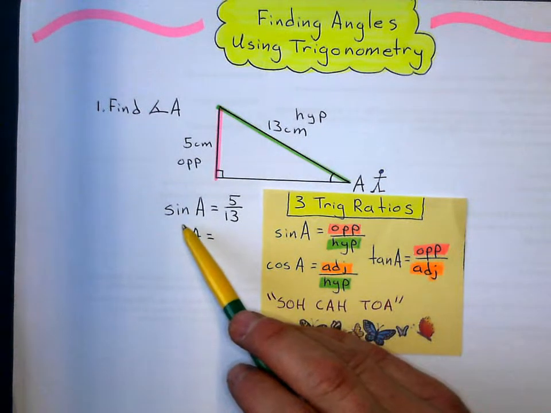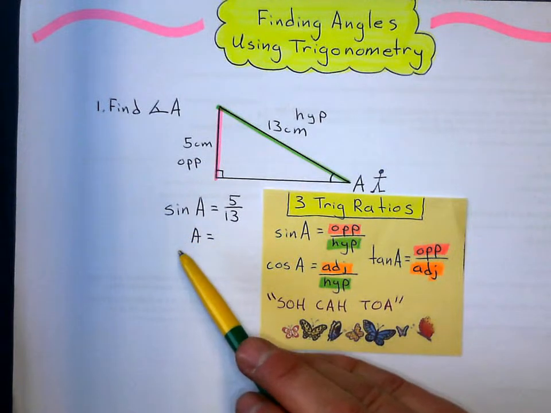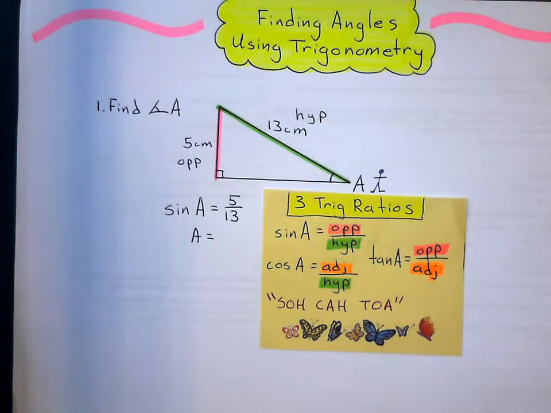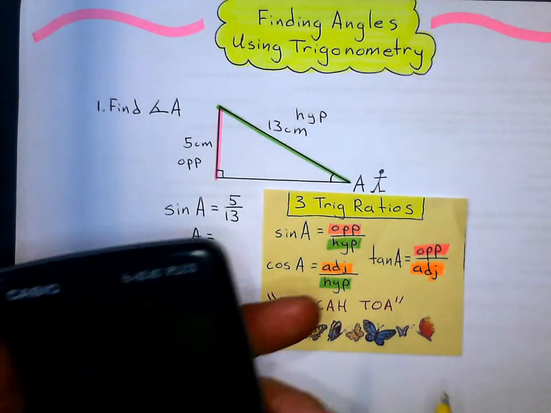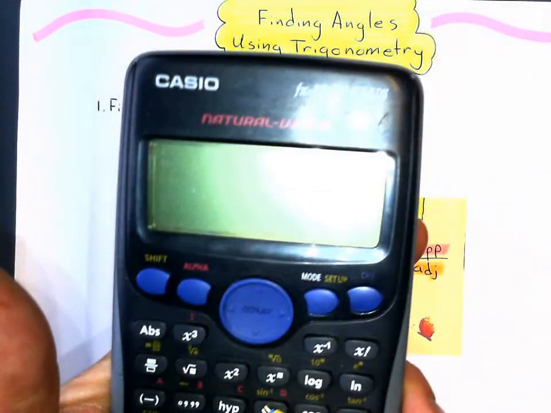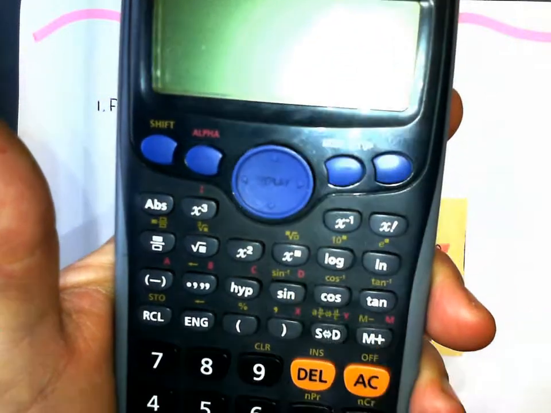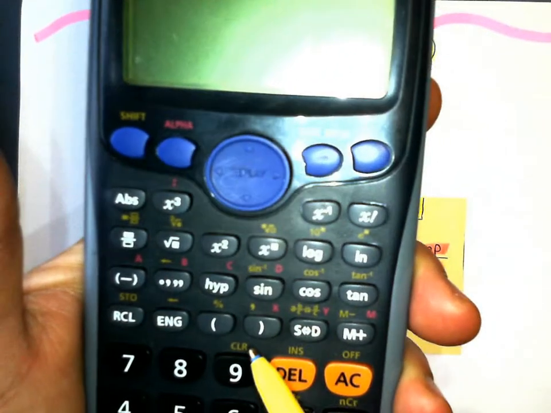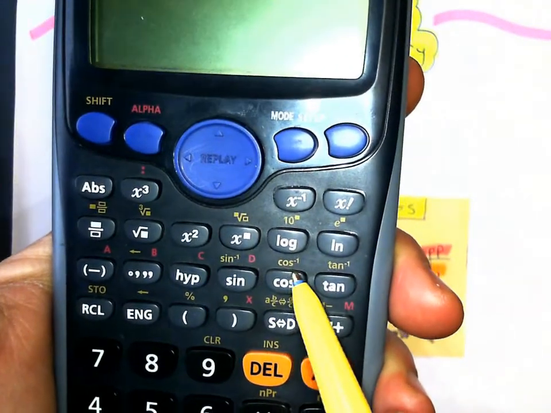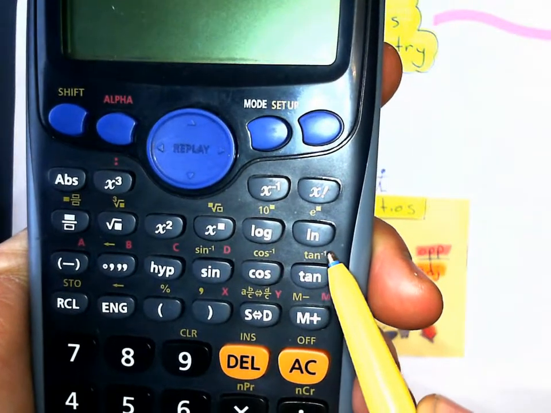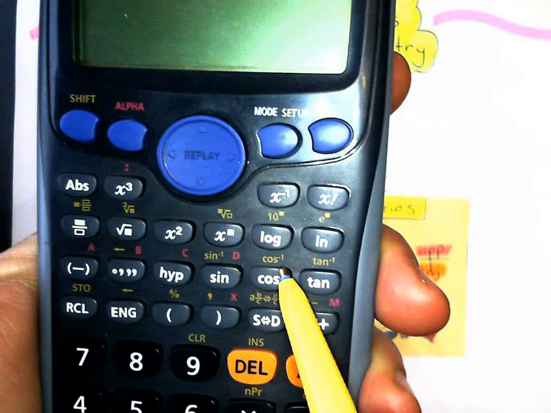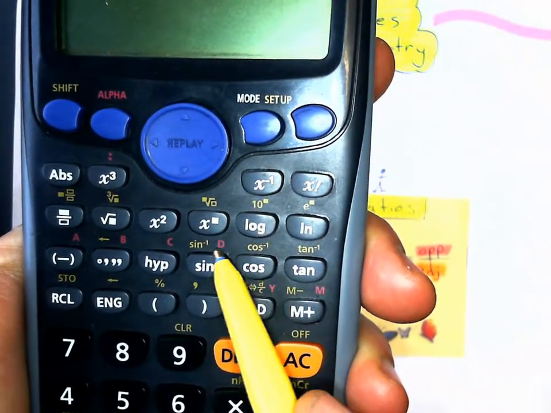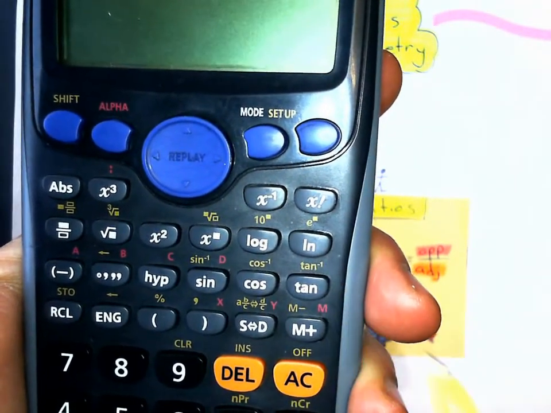Well, this sine ratio has an opposite as well, and it's called inverse sine. On the calculator it looks like sine negative 1, or cosine negative 1, or tangent negative 1, which means the inverse function. These are the functions we use to find angles.